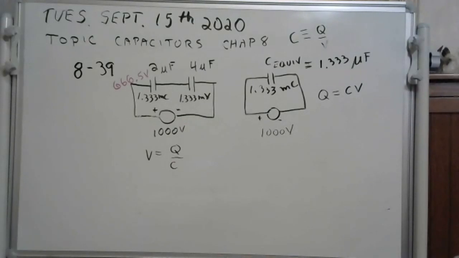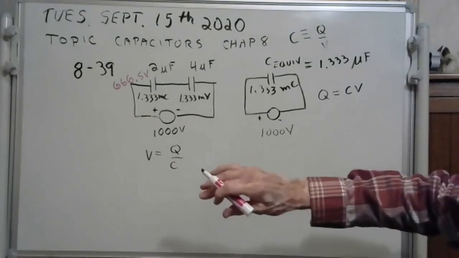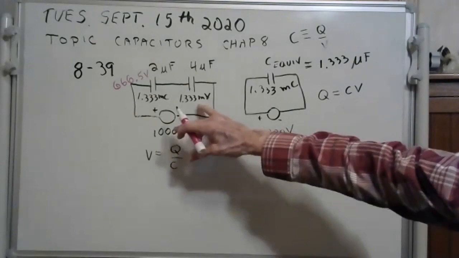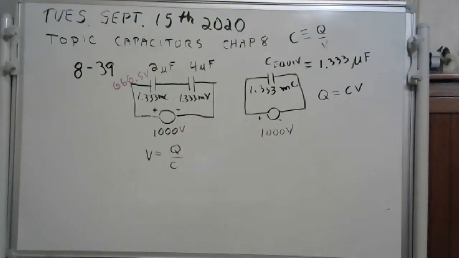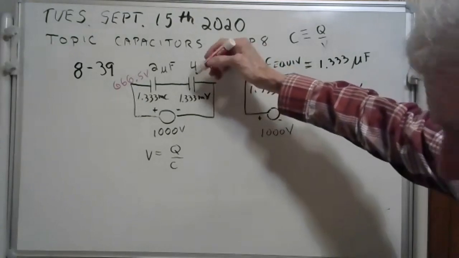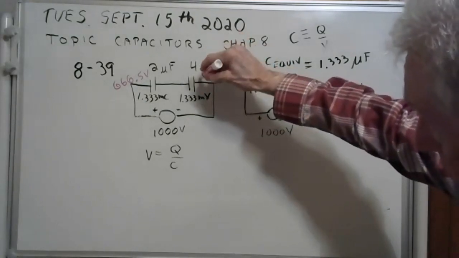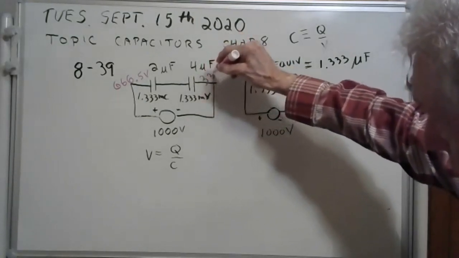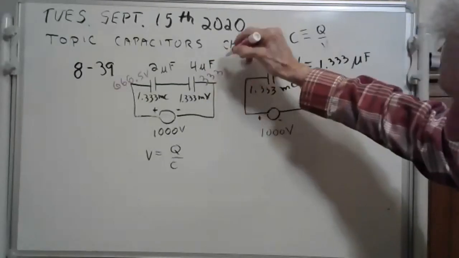Now I'm going to do the other one. I'm going to take the Q, which is the same. They're in series. 1.333 e to the minus 3. And I'm going to divide by 4 e to the minus 6. And I'm getting 333 point.